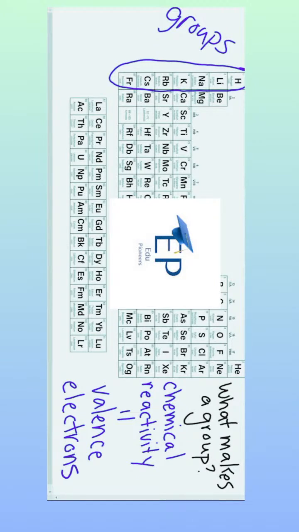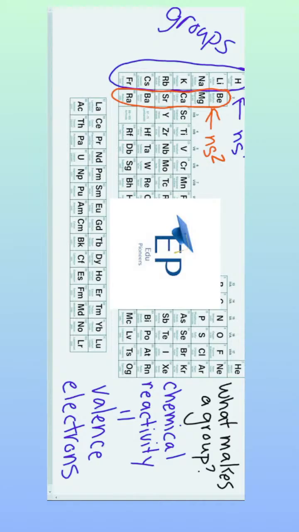So if we take a look at group 1A that I already have circled over here, the electron configuration for group 1A is ns1. So they only have 1 electron in their valence s shell. The n is just kind of representative of any number. So as you go down the group, they're going to have more and more s shells as they get bigger.